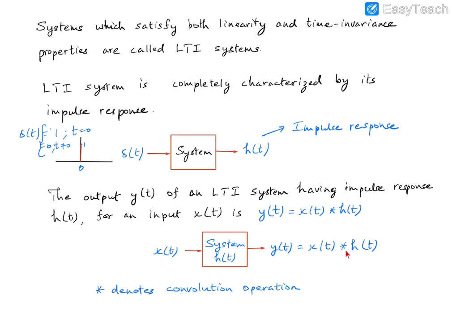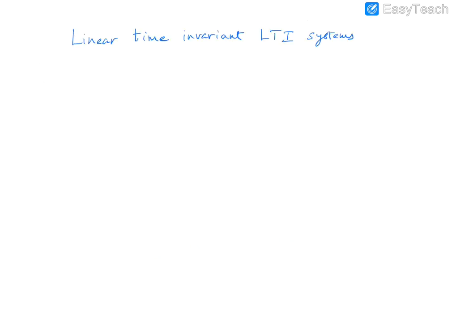Furthermore, using the impulse response, we can also find out various properties of the system, like whether the system is stable or unstable, whether it is causal or non-causal, and so on. And we can also verify whether it is linear or non-linear. So the impulse response completely characterizes an LTI system.